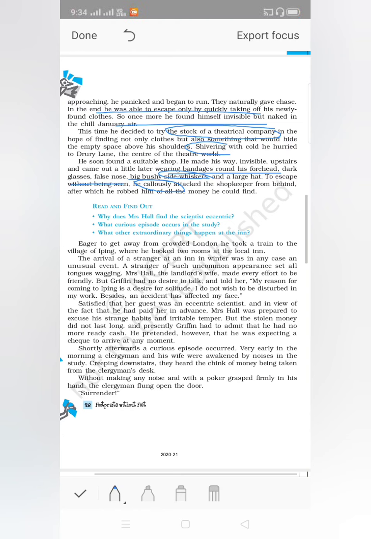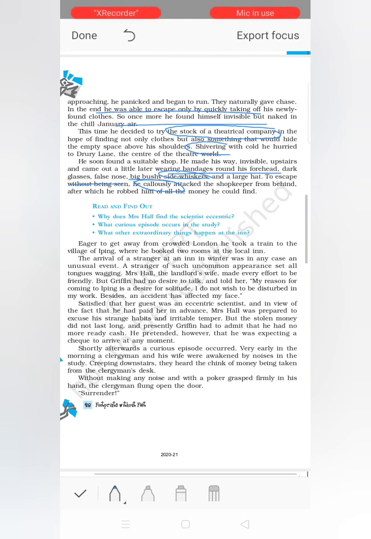Now he found a shop according to his needs and he entered it. Now, what do you see? You see that as he came out from the shop, he was wearing bandages around his forehead. He was also wearing a false nose, also side whiskers and a hat.